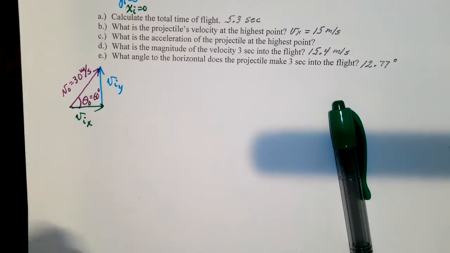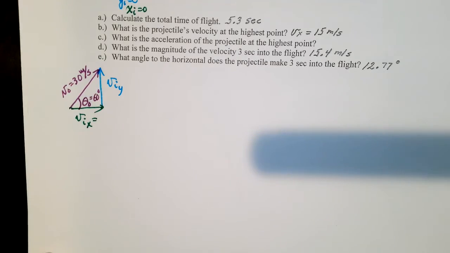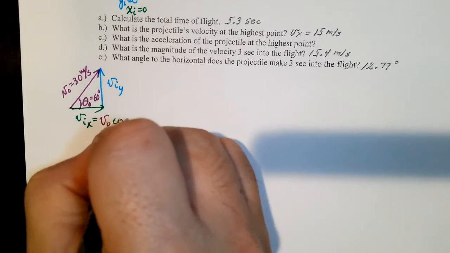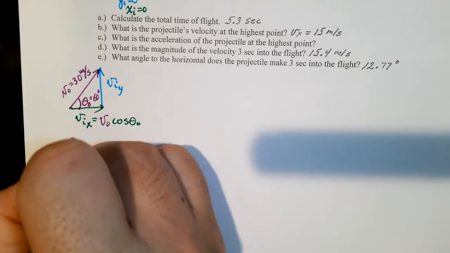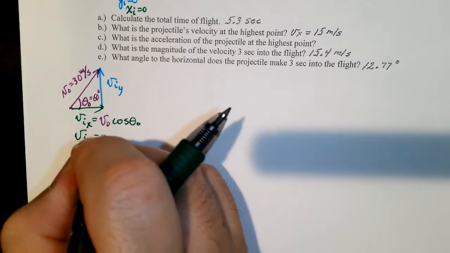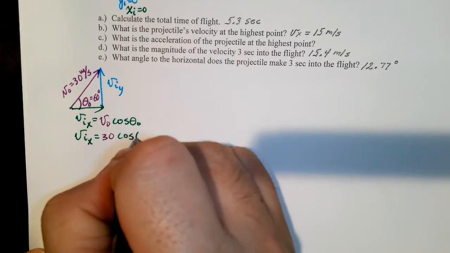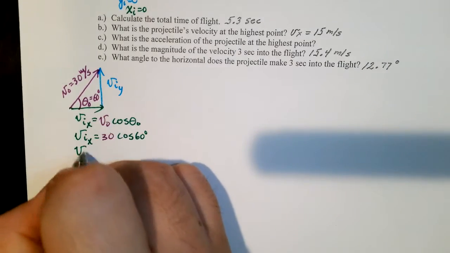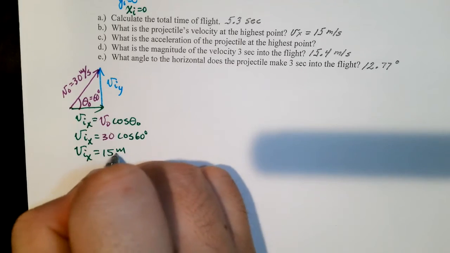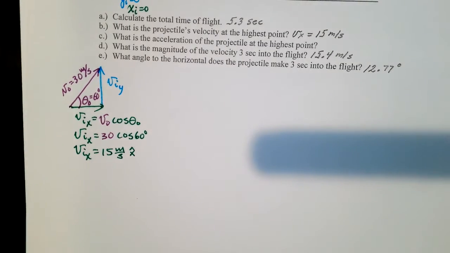My VIX is really nothing more than V naught cosine theta naught. Therefore, my VIX is equal to 30 meters per second times cosine of 60 degrees. So my VIX is equal to 15 meters per second, obviously in the x direction, x hat.